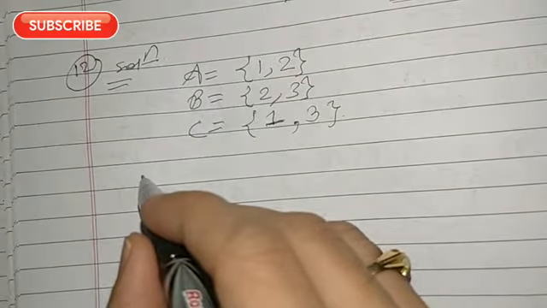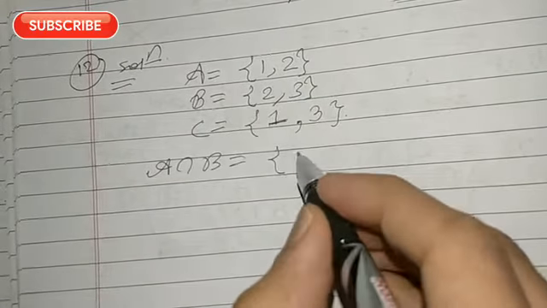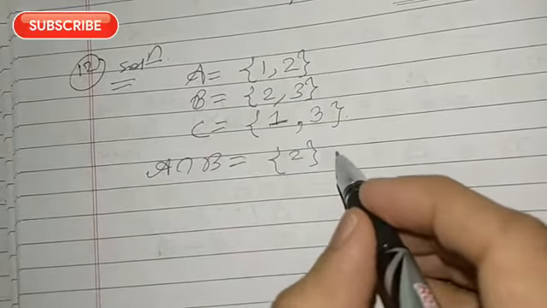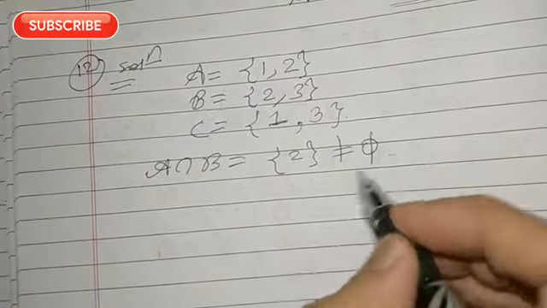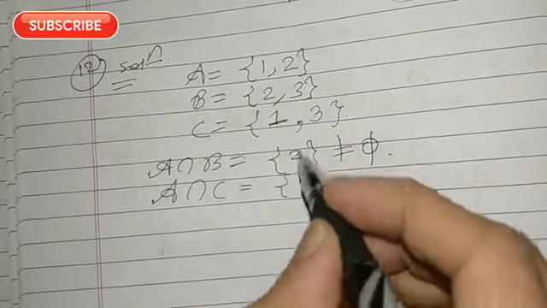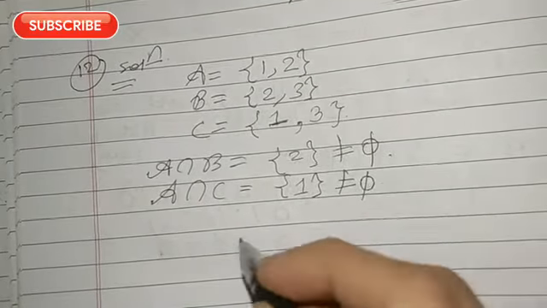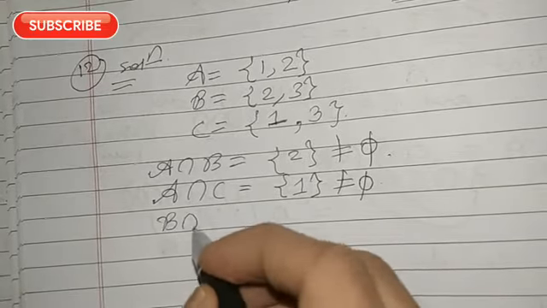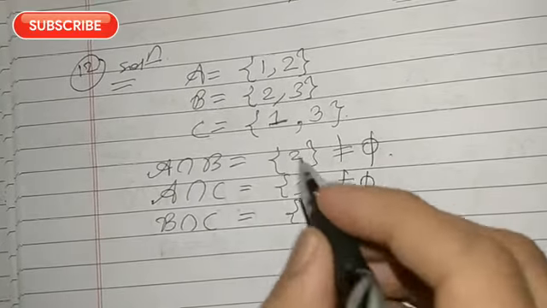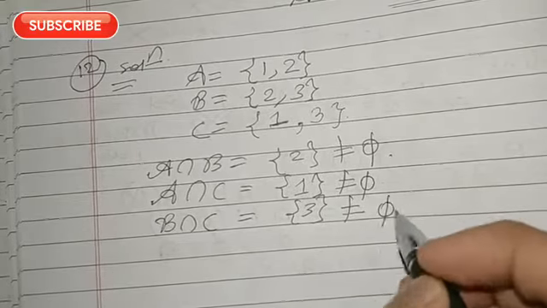Now let us check the conditions. A intersection B is 2, which is non-empty. A intersection C is 1, which is again non-empty. B intersection C is 3, which is again non-empty.